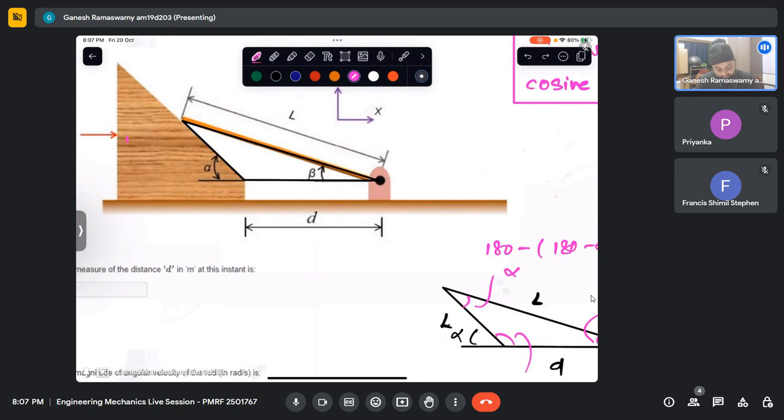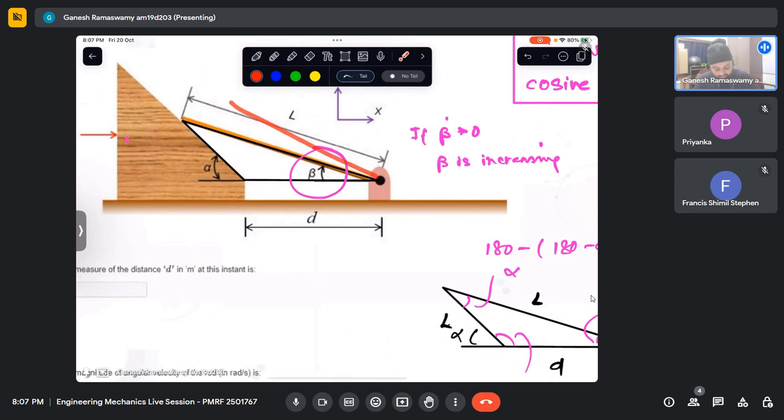Let us say we have taken this to be beta. If beta dot is greater than 0, this implies that beta is increasing. That is, at some next point, it will be like that, beta plus delta beta. So that is how we should relate.